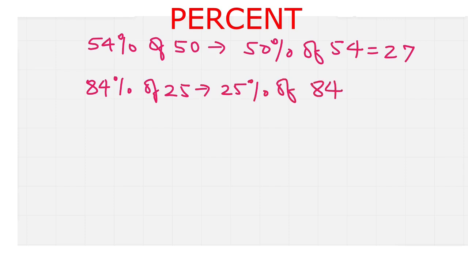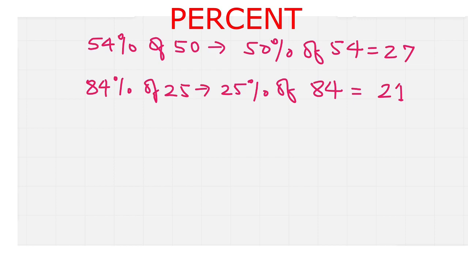As we know, 25% is 1/4 of the given number. As such, this is going to be 1/4 of 84, and 1/4 of 84 is 21. This way it becomes easy to solve 25% of 84 rather than solving 84% of 25.